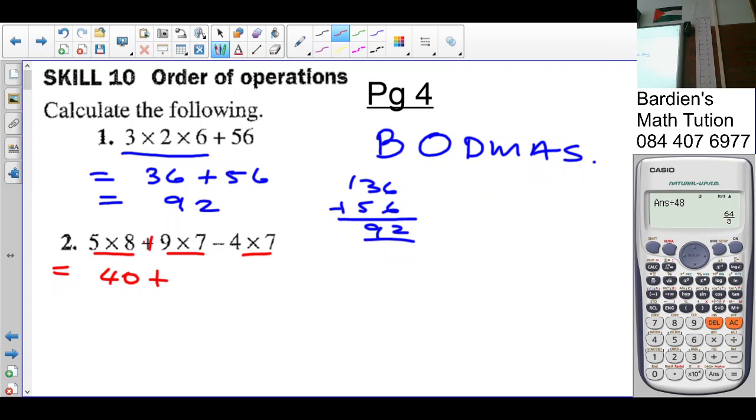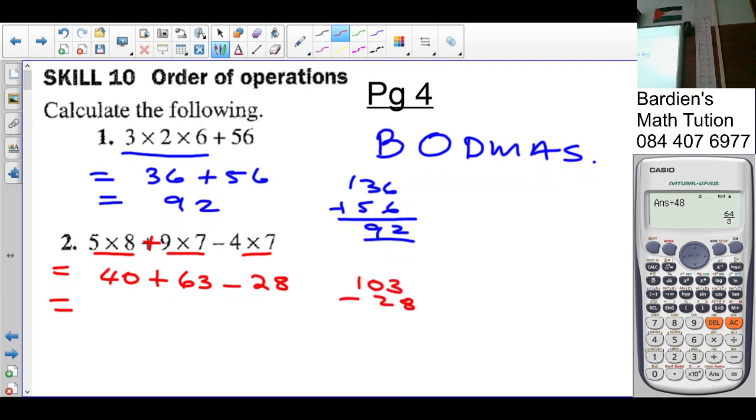Plus, so there's a plus there. What's 9 times 7? 63. What's 4 times 7? So what do I do now? I can add it, not so? So it will be 40 plus 63? 103. You all agree with that?